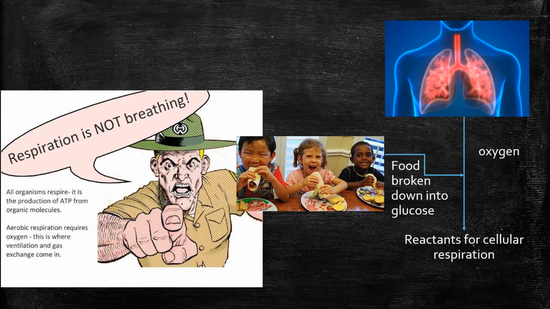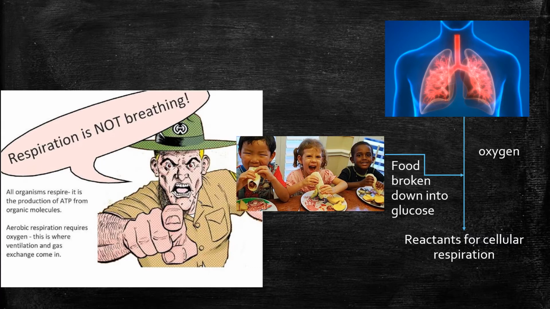So let's just go ahead and be clear that respiration is not breathing. That is one mistake that people often make. What we mean at the very basic level is that respiration is the production of ATP from organic molecules, in other words, from food.